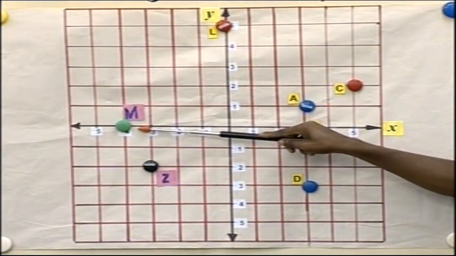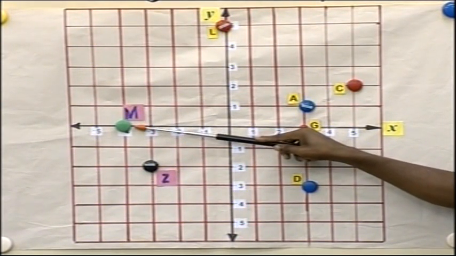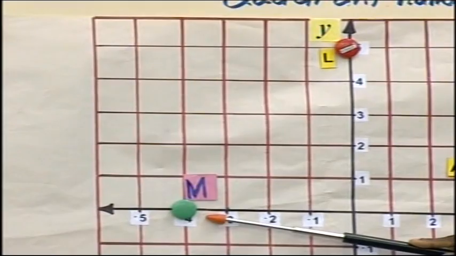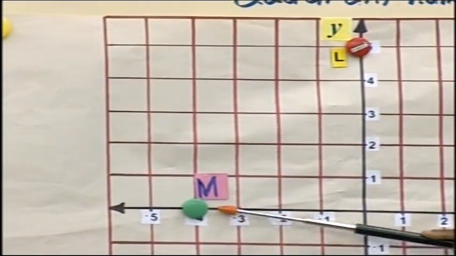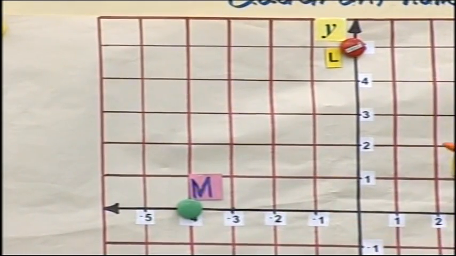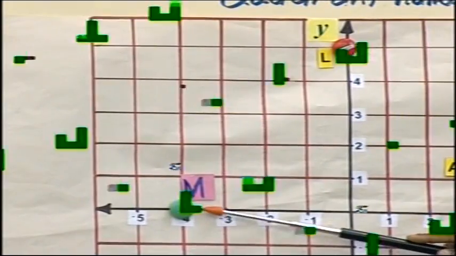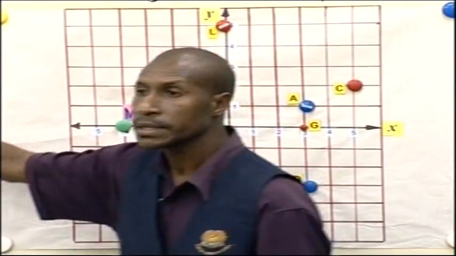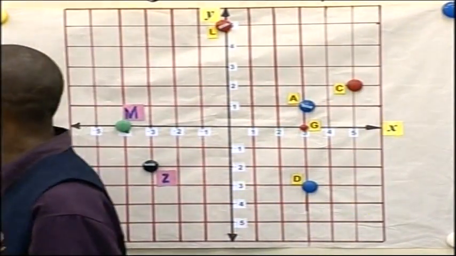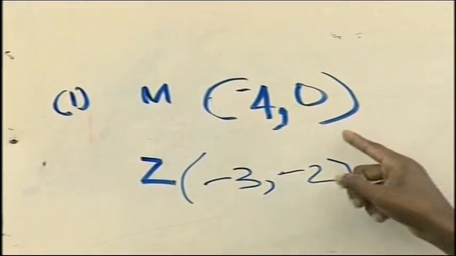So what will be the x-axis? -4. Remember, we always read x-axis first and then y-axis. So it is -4, comma, what will be our y-axis? Our y-axis will be 0. Is our friend correct? Yes. Bracket -4, comma, 0 bracket.